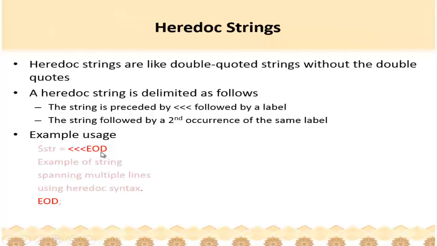The label could be anything. After this, you type all the text and finally end with the same label that you started with. So if it is XYZ, you have to end it with XYZ. The label marks the starting point and the ending point.